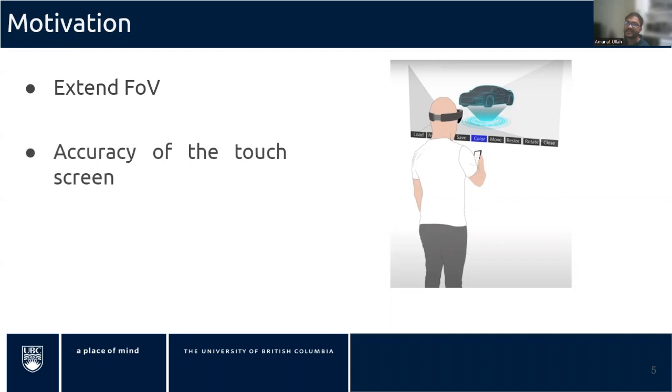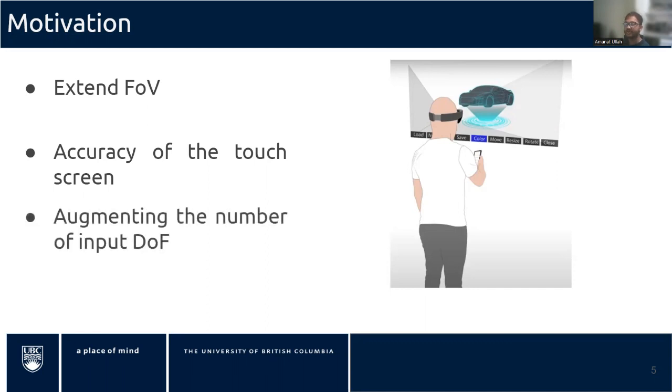Next, it uses the accuracy and the tactile input system of a smartphone, and that helps speed up the process. Finally, it augments the number of input degrees of freedom. So this means the user has more options to interact with the system.